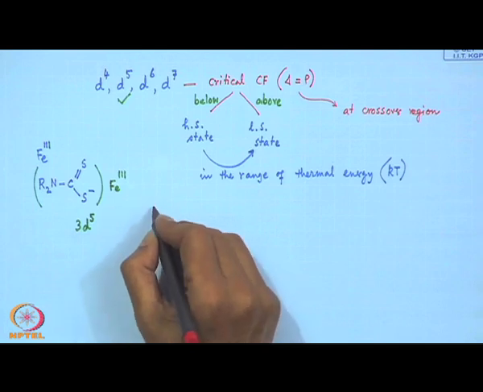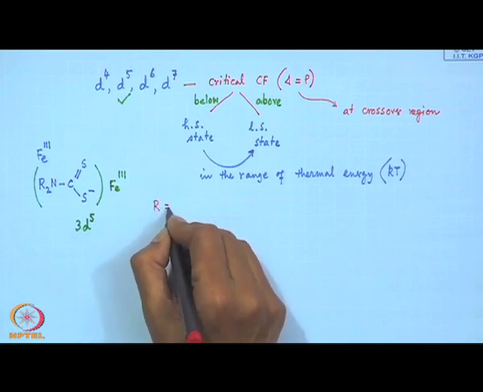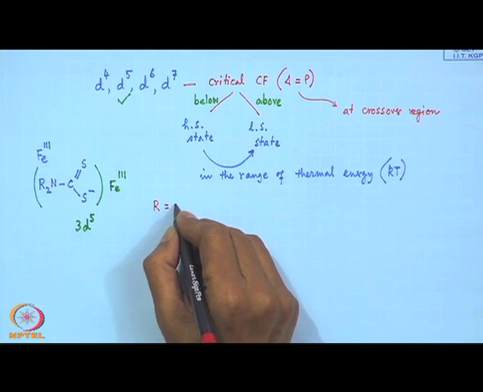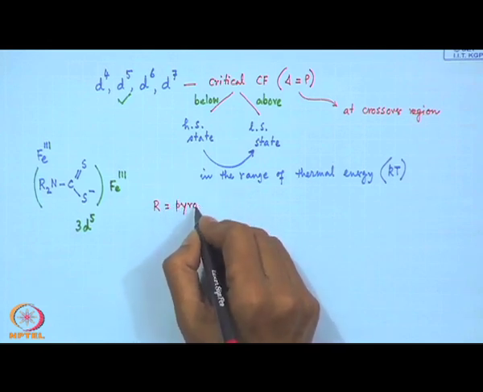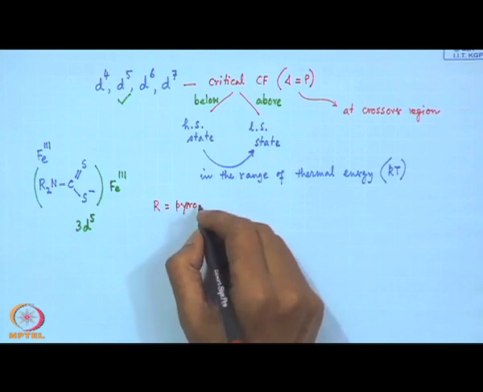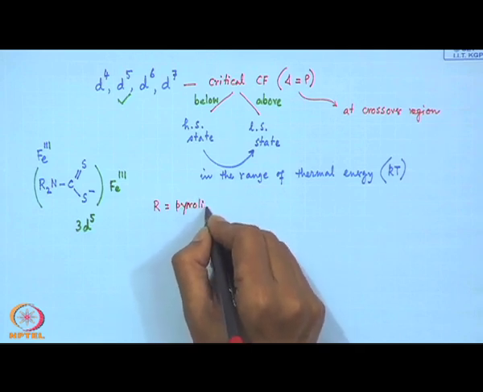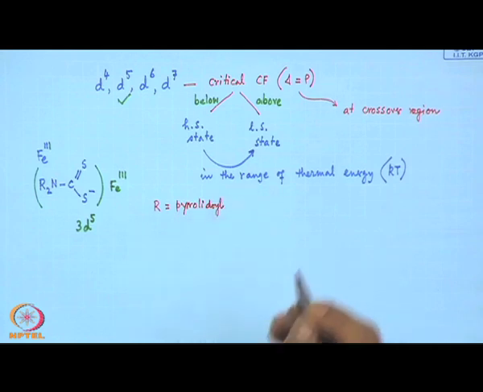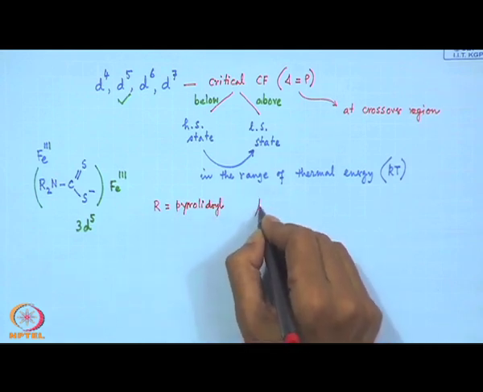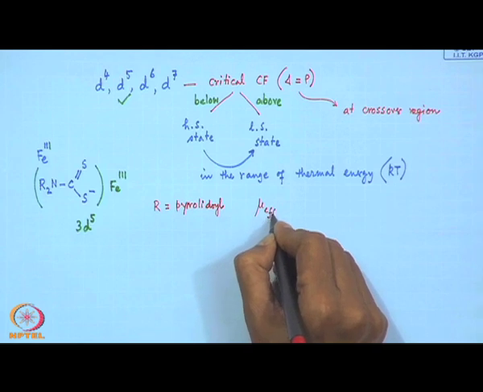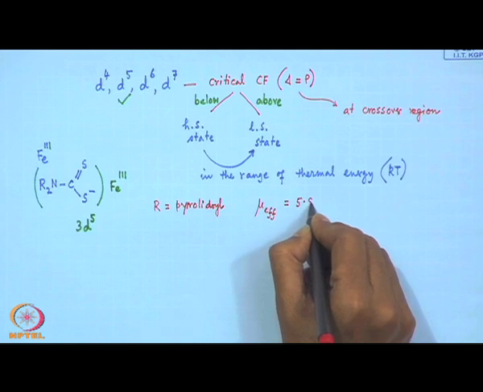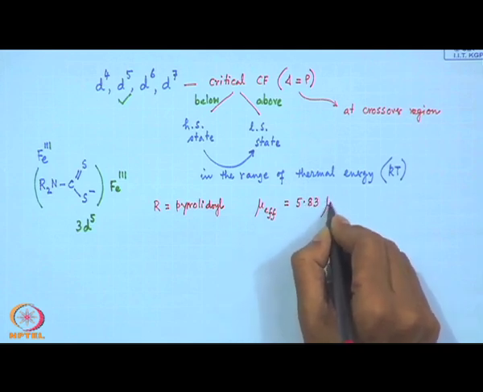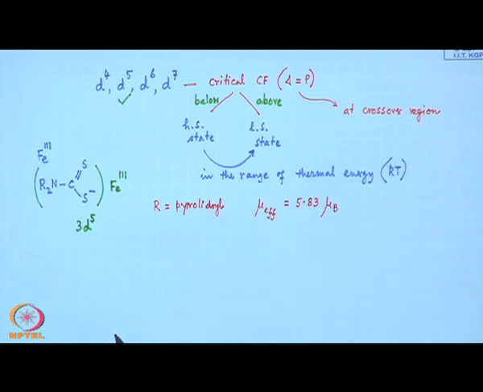So, when R is equal to pyrrolidoyl, the corresponding mu effective value would be equal to 5.83 Bohr magneton.